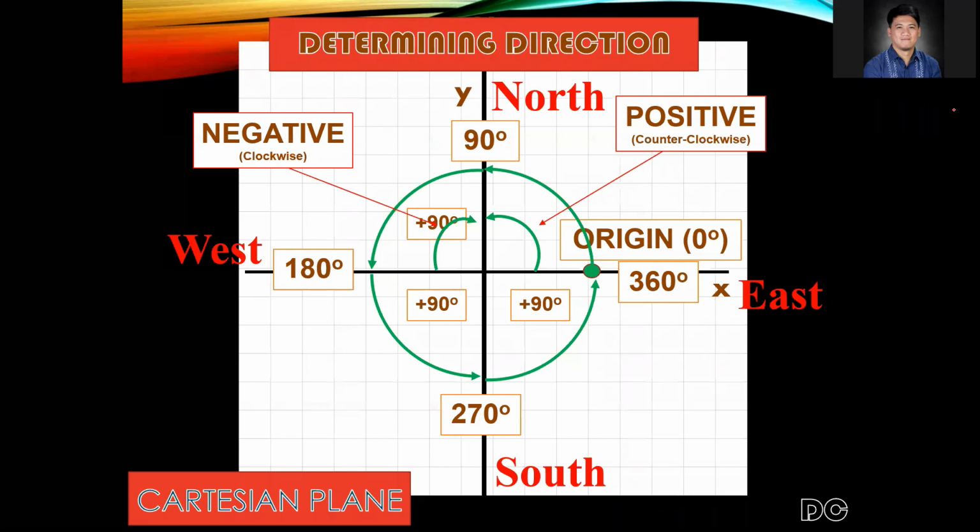Okay, so I repeat, the negative and the positive sign of your angle is just an indicator if it is a counterclockwise movement or a clockwise movement.